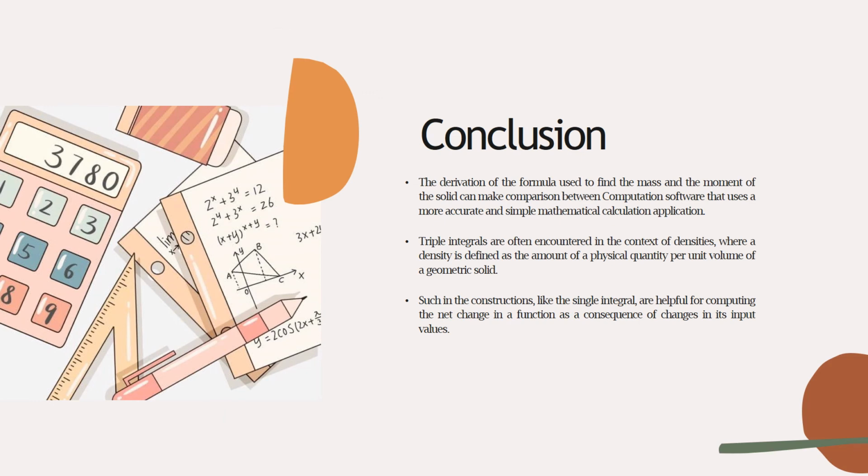As the conclusion, the derivation of the formulas used to find the mass and the moments of the solid can be compared with the computation of the software, which uses a more accurate and simple mathematical calculation application. Triple integrals are encountered in the context of density, where density is defined as the amount of a physical quantity per unit volume of a geometric solid. Such as in construction, like the single integral, they are very helpful for computing the net change in a function as a consequence of the change in its input values.